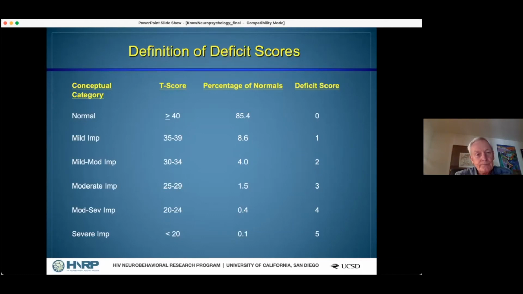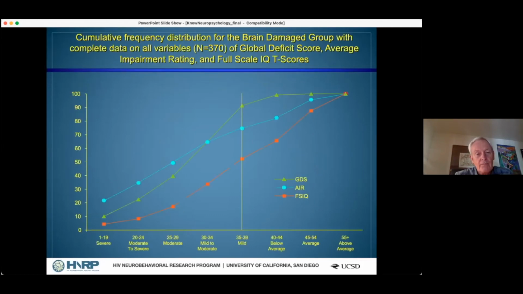Next. And this just shows for the full scale IQ in orange here, and for the average impairment rating in blue, and the global deficit score in green, the cumulative frequency of people in the brain damage group that were classified as impaired on the y-axis, and the cutoff of mild impairment of less than 40 is right in the middle there.